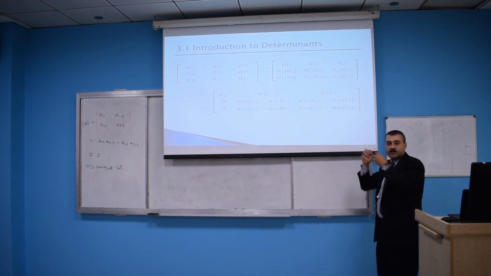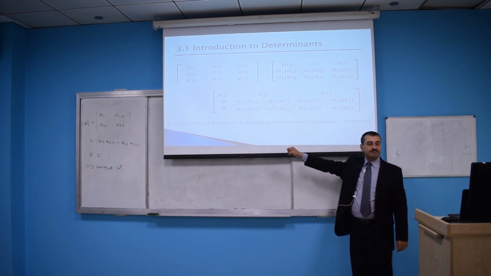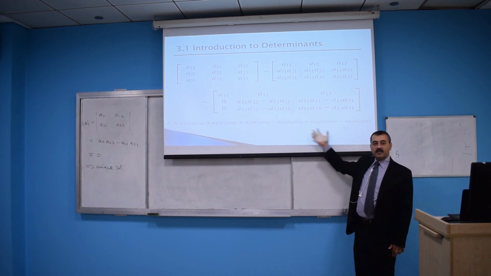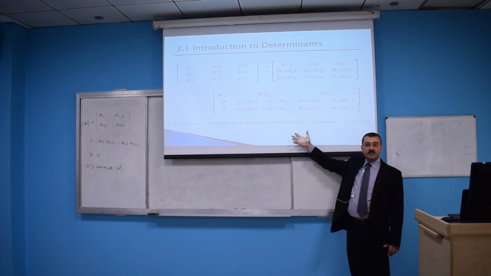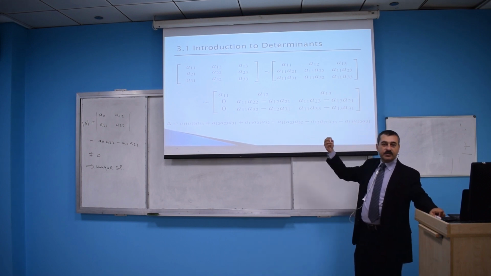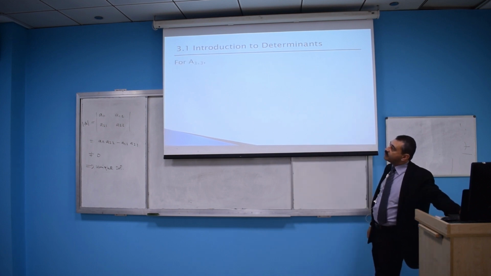I'll take this outside. It would be something like this. As you see, it's very hard to remember such a thing to prove that the system has a unique solution, but actually this can be written as the determinant. So this is actually the determinant of the 3 by 3 matrix.